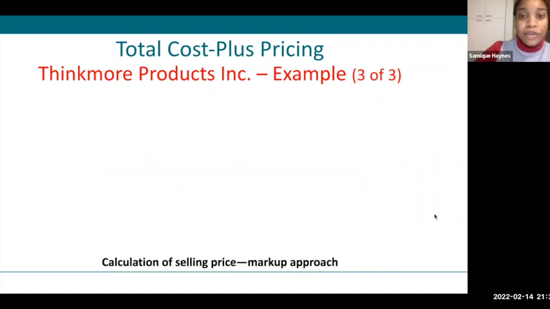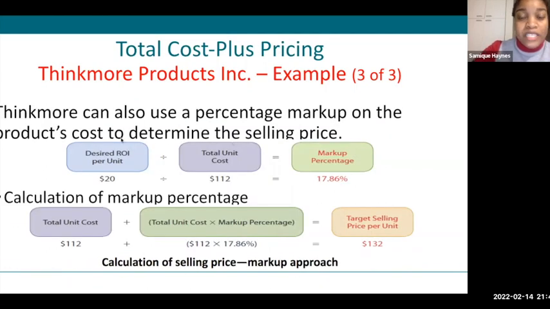Better? Okay, perfect. So what this part is saying is that we can also use a percentage markup. If you know your total unit cost, the question can give you a percentage markup, or you can find it. Your desired return on investment per unit of $20 divided by your total cost gives you a markup percentage.